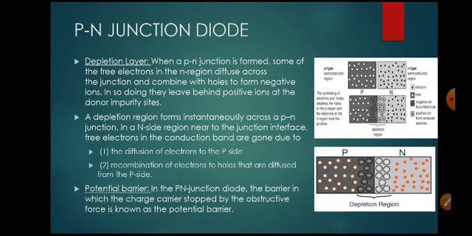So to form a PN junction diode, there are major steps: diffusion, formation of space charge or a depletion layer, drift, and apart from these, recombination is the third phenomenon which occurs in semiconductors.